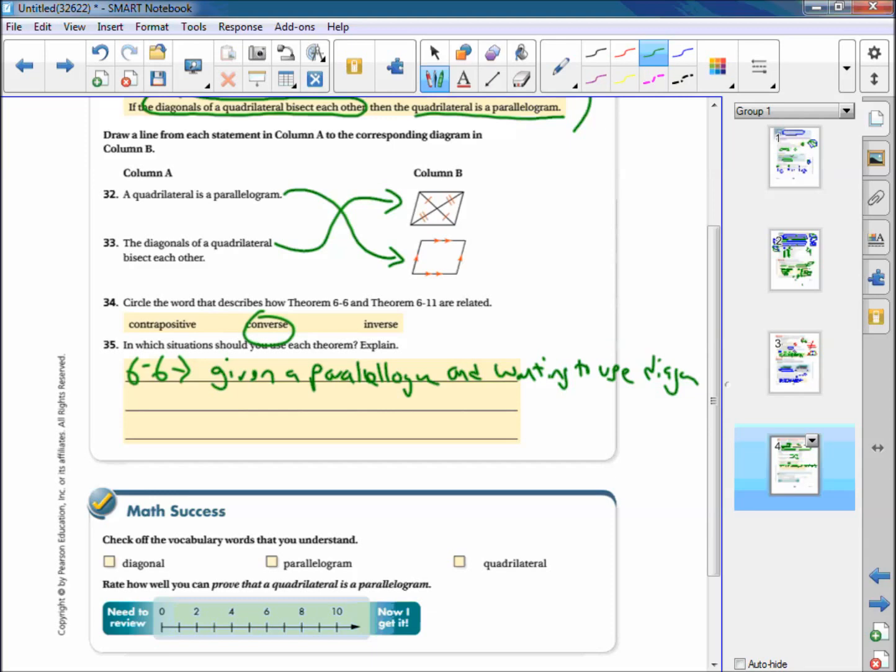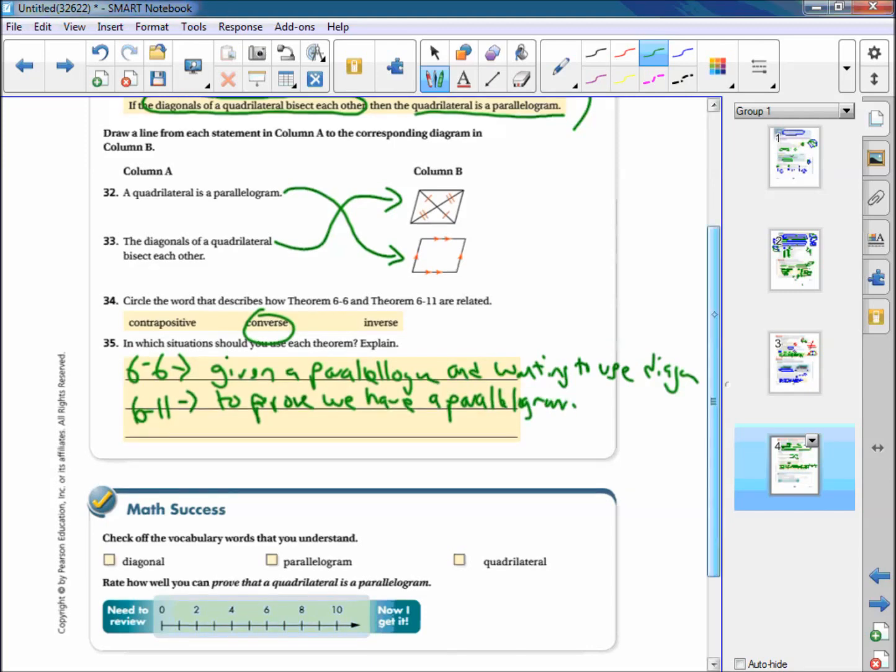Okay. And we use 6-11 not when we're given a parallelogram. We use 6-11 to prove we have a parallelogram. Okay, so if we want to prove we actually have a parallelogram, we use the 6-11.